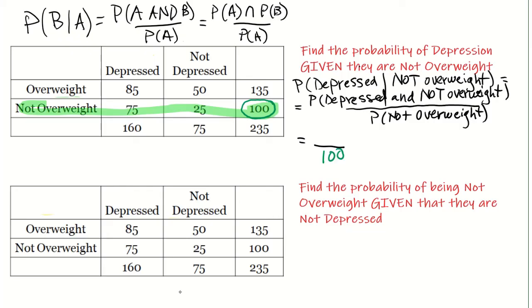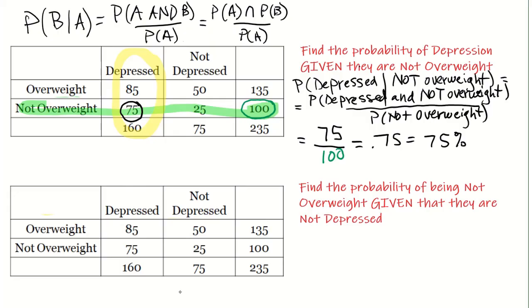And then for our numerator, we want the intersection between depressed and not overweight. So that's going to be where these two colors meet, and that's going to be 75. So that is 0.75, which tells me there is a 75% probability that if someone is not overweight, they will also be depressed.